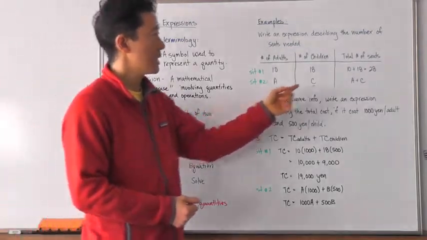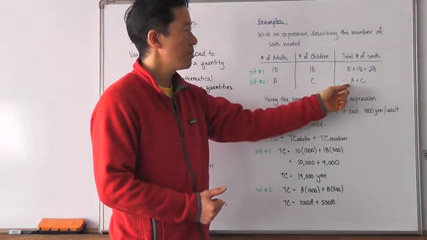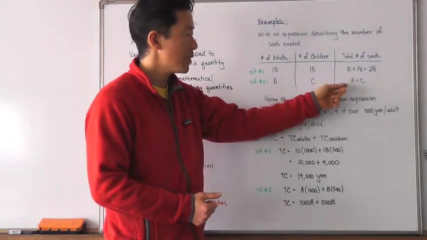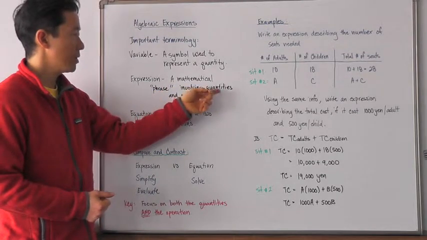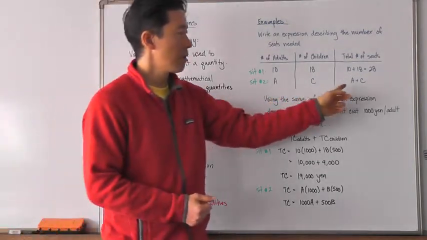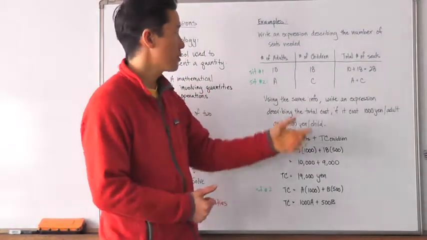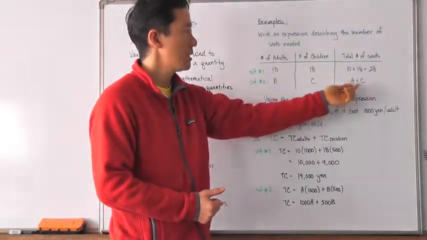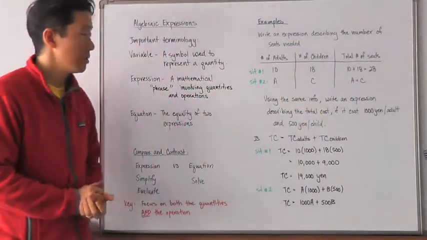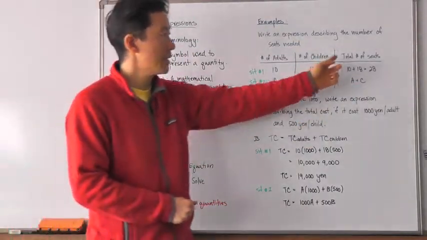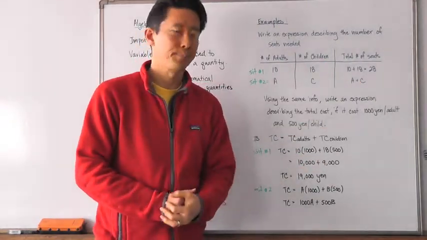Now, when we describe the total number of seats, I'm going to be able to create an expression, which is a mathematical phrase involving quantities and operations, where I have two quantities and the operation is addition, because I'm trying to find the total number of seats, which means I just have to add the number of adults and the number of children. So I could say that the total number of seats is just A plus C.